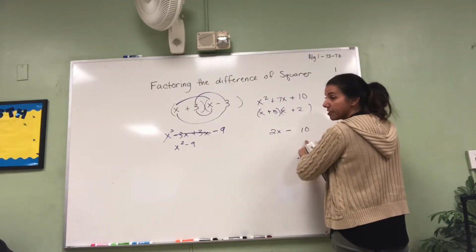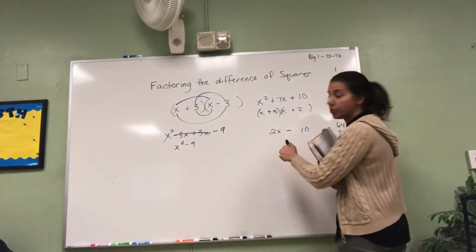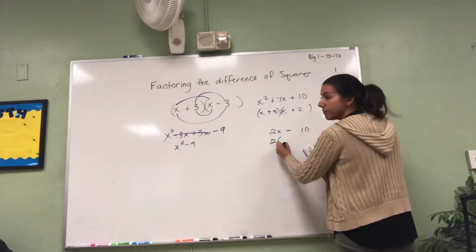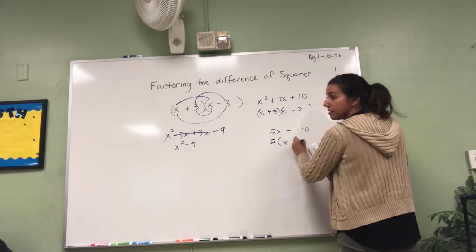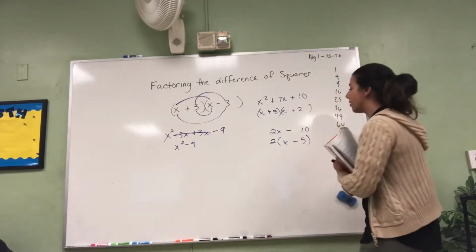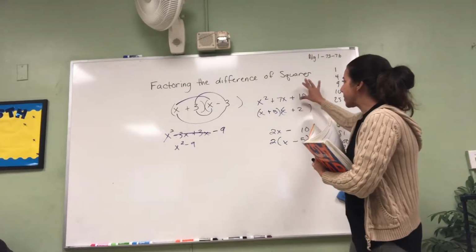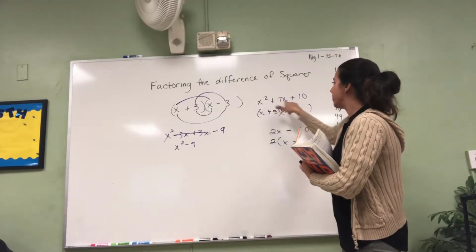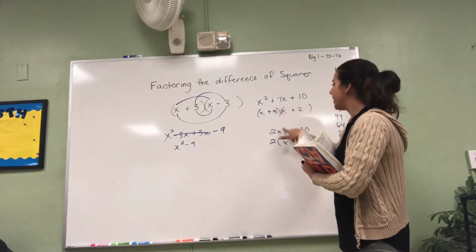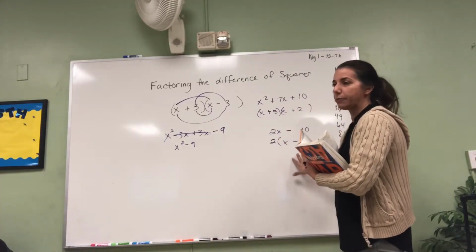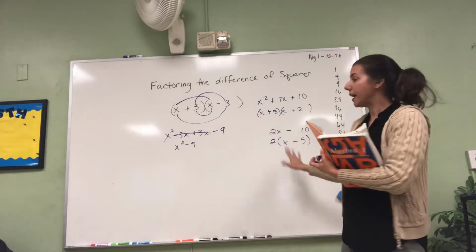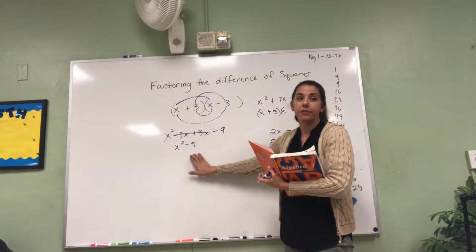Any common factors? Yeah, a 2. If I factor out a 2, I'm left with x minus 5. So this is typically how you factor a trinomial, and this is usually how you factor a binomial, two terms. But this is a special binomial.